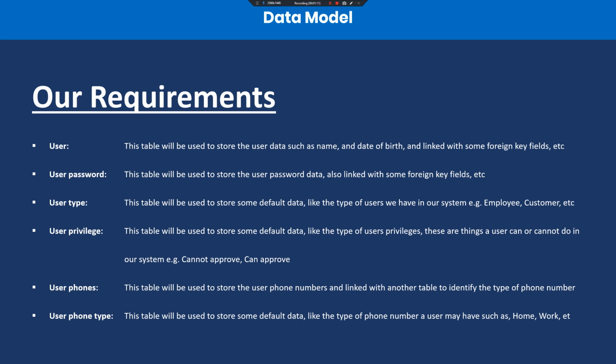Within the requirement, we have about five entities that we're going to store information about. We could call them tables, and these are the user. The user table will store information or data such as names, date of birth, and also some foreign keys information. Similarly, we will have the user password.